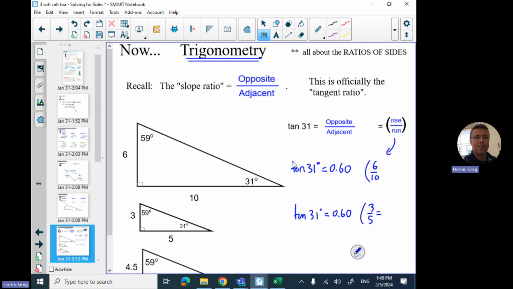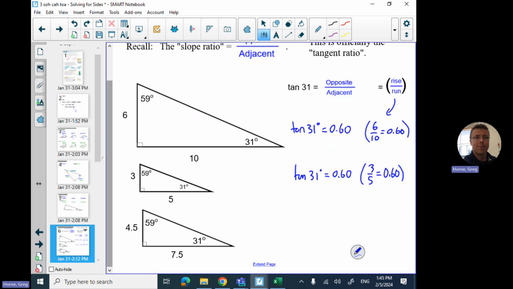They both give that 0.6 number. Right? And then down here, if the numbers weren't as obvious, tan of 31 is obviously still going to give us 0.60. And in this case, it must be equal to 4.5 over 7.5, if I calculated things right. So 4.5 by 7.5 gives us 0.60 again.